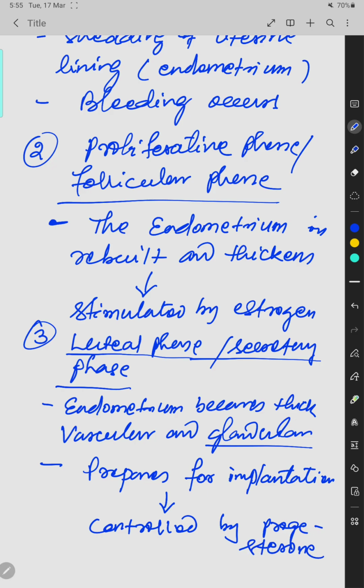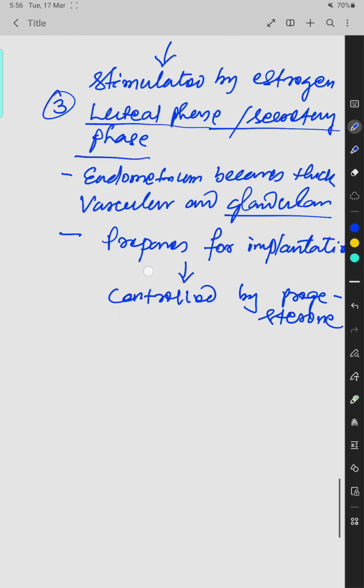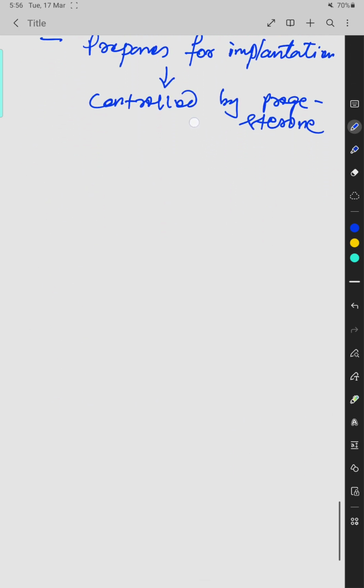Okay, so these are the uterine, ovarian and hormonal changes that take place during the menstrual cycle.